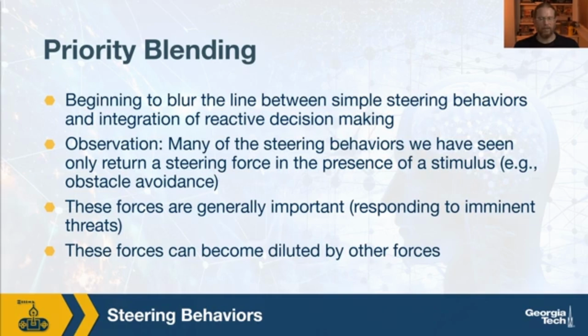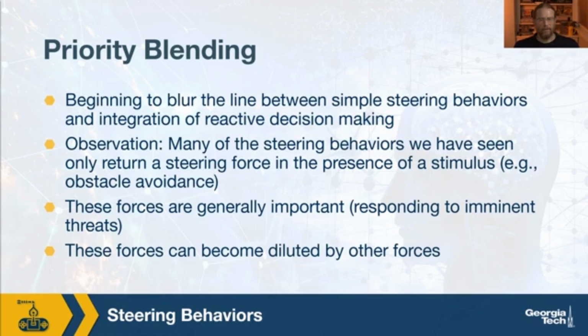It's only when the obstacle becomes imminent in terms of like a collision that it then begins reporting this corrective force or acceleration. So these also, the ones that tend to be variable like this, also tend to be very important in the scenarios where they trigger because of imminent threat.